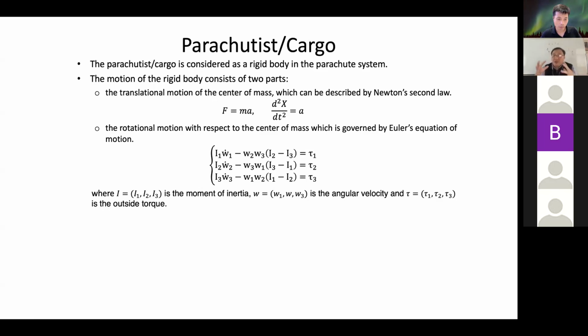And in the rigid body, it's relatively simpler. You have two motions, the motion of the center of mass and also the rotation about the center of mass. So we use the Euler angles and Euler's equation to model the parachute payload.